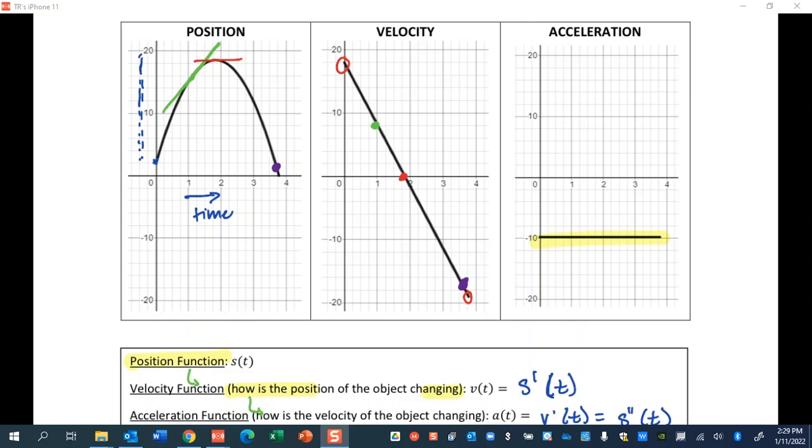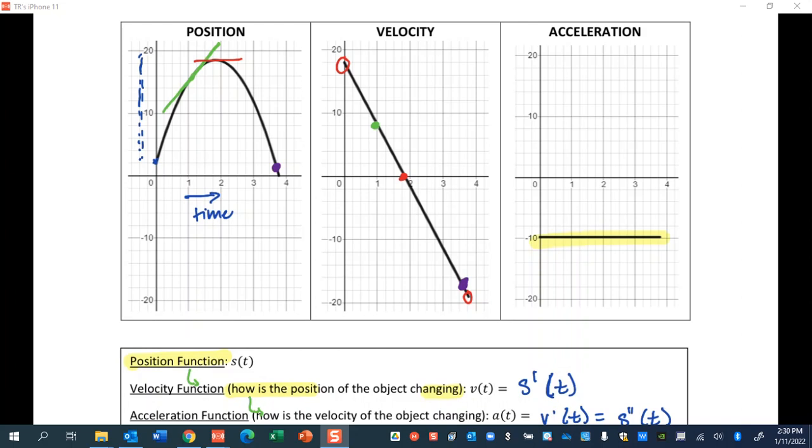Is he gaining speed or losing speed? He's losing speed. My velocity is positive, but my acceleration is negative. So at this point in the journey, the frog is still going up in the air, but he's losing speed. He's slowing down because my acceleration is negative and my velocity is positive.